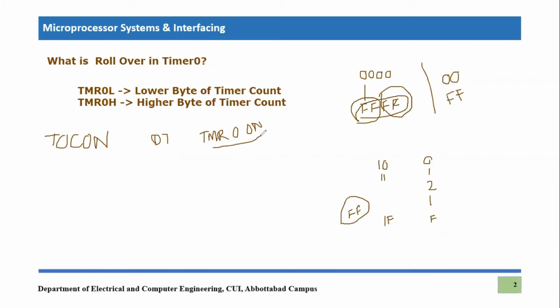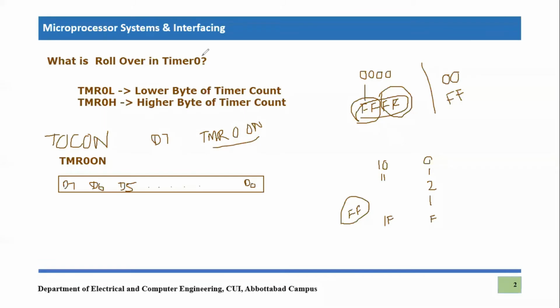Whenever we put the value one inside that specific bit, let me draw it for you so that you will understand this point. So this is the timer 0 control register. There are 8 bits from D0 to D7, and we know that D7 is the timer 0 on bit. So whenever this D7 bit is equal to 1, the timer will start its count, right? We know that these two registers will be holding the count.